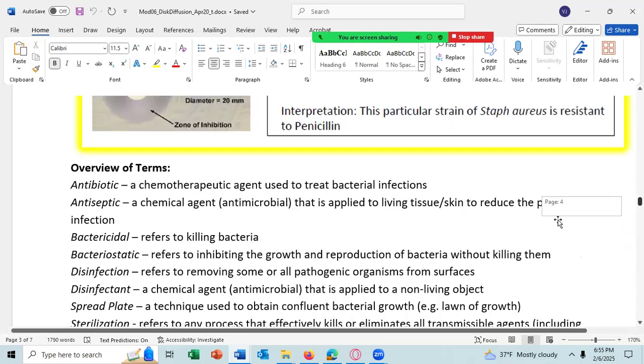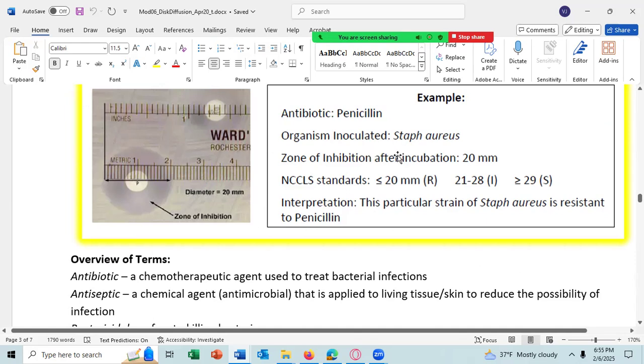And what this group does is it will take an organism like Staphylococcus aureus and then take an antibiotic like penicillin G and then make a table.